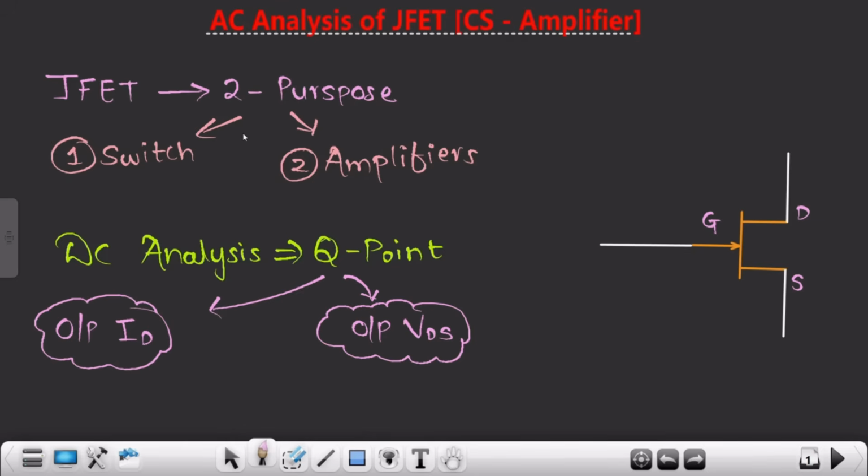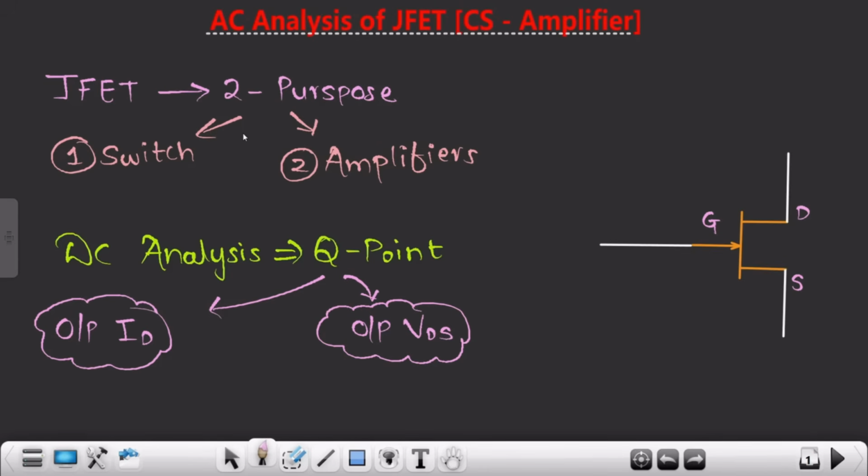If you remember, in the case of the bipolar junction transistor we saw three modeling techniques. First, before the hybrid pi model, we focused on the two-port network, dedicating time to each parameter like Z parameter, Y parameter, ABCD parameter.